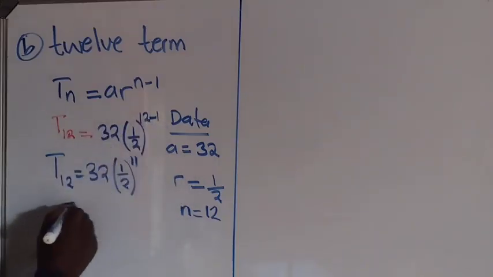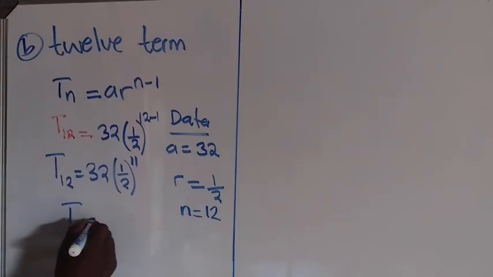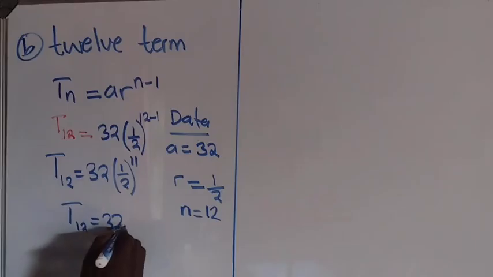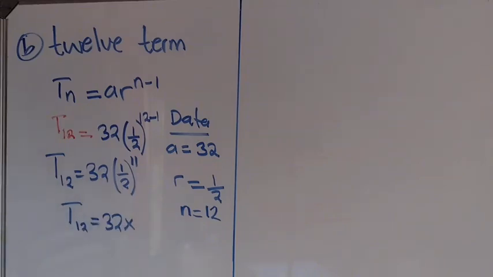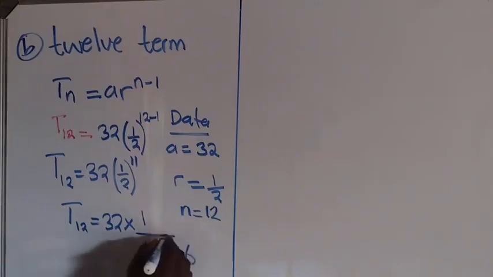So from here we have the 12th term is equal to 32 times, and we can now press on the calculator, we find half raised to the power of 12. So 1 over 4096. This is what it's giving us.